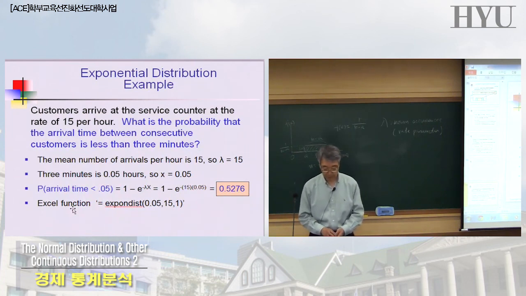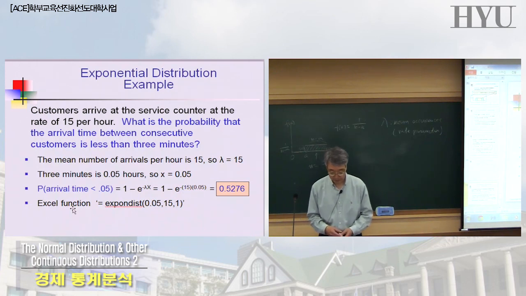All right, so here's an example, let's say. Customers arrive at the service counter at the rate of 15 per hour. So average arrival per hour is 15. And what is the probability that the arrival time between consecutive customers is less than 3 minutes?